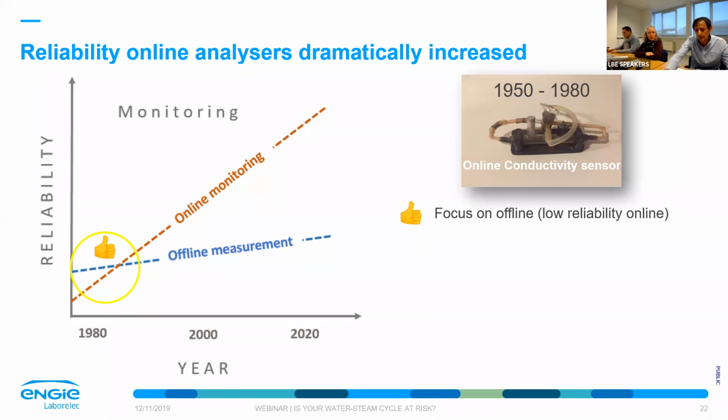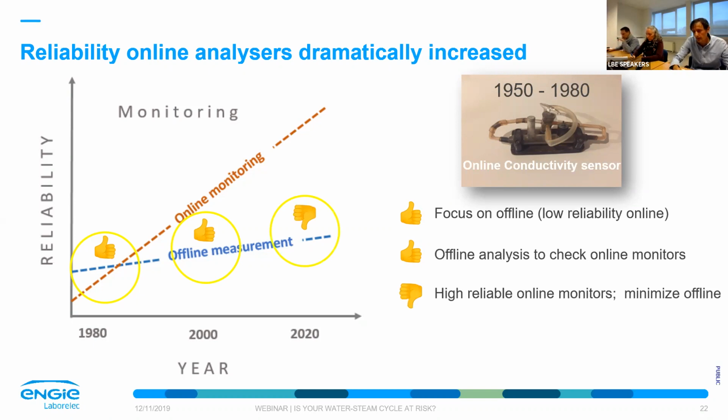But 20 years later, the reliability of the online instruments increased more and more, and the offline instruments were only used to do a double check or cross check of your online measuring devices. And nowadays we can fully rely on extremely reliable online devices, which are also very well adapted to our needs. So there is really no need to spend a lot of time in the laboratory.